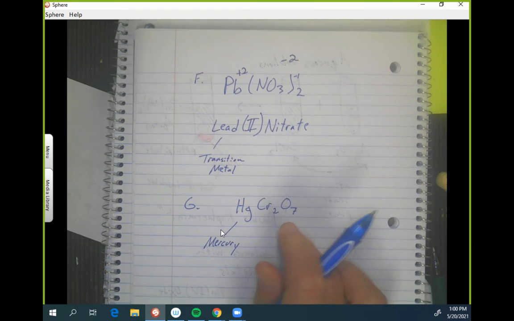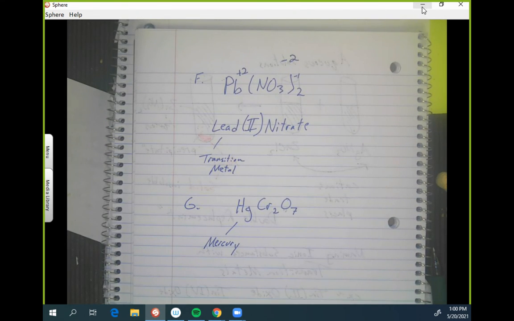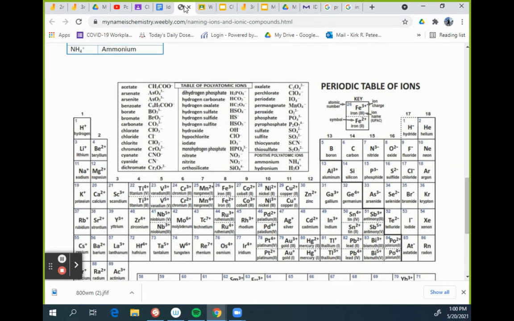And this looks like a chromate, but I'll double check. Could be something different. Who knows? Cr, I look up here, where's that Cr stuff at? Oh, there it is. Dichromate. So it's Cr2O7. It's buried in the left side there. It's got a -2 charge.